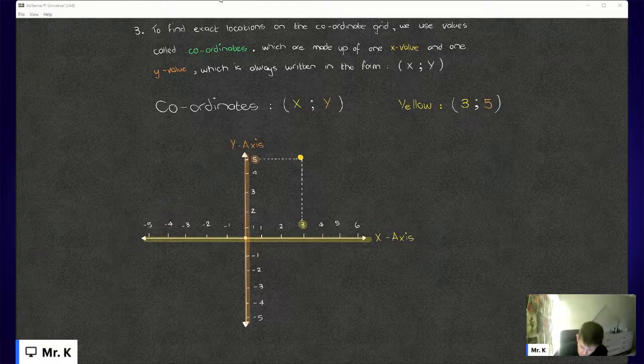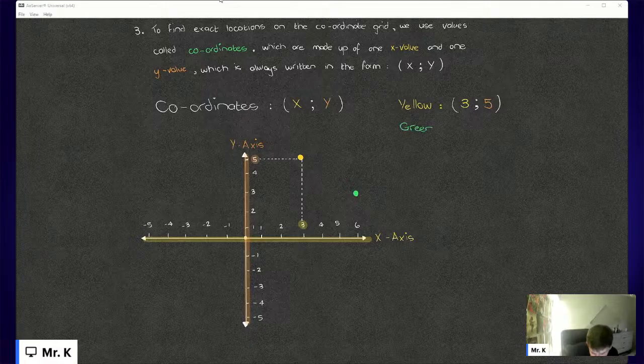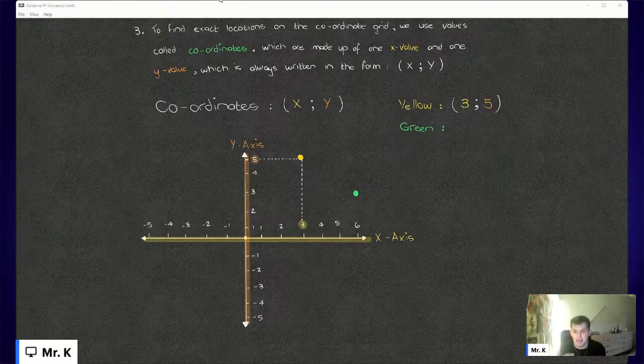Okay. Let's say I wanted to find another dot. Let's say I wanted this green dot. Let's go and find the coordinates of our green dot, grade 7s. Remember, any coordinate will always be written in the form x, then y.